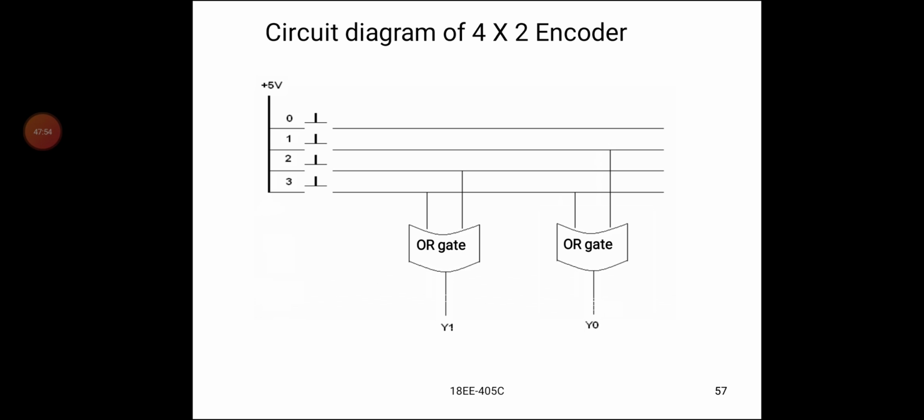So we require 2 OR gates, one for y0, one for y1. A, B, C, D are buses to carry the signal. Y0 is equal to B plus D. Y1 is equivalent to C plus D.